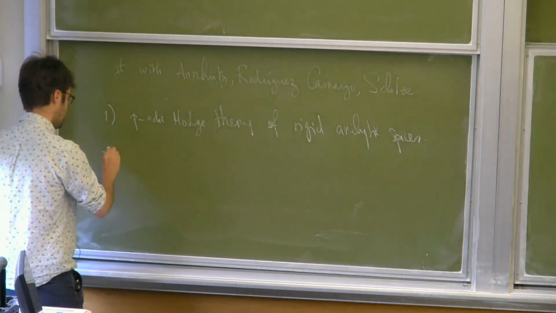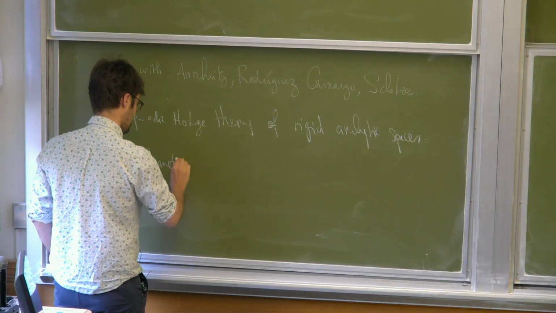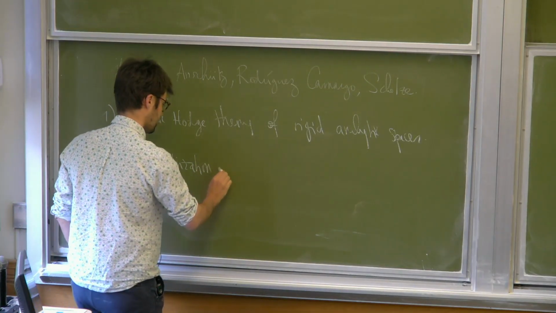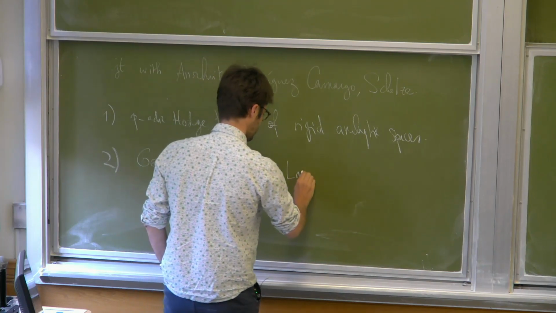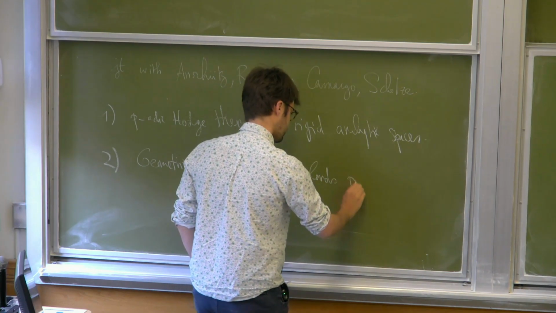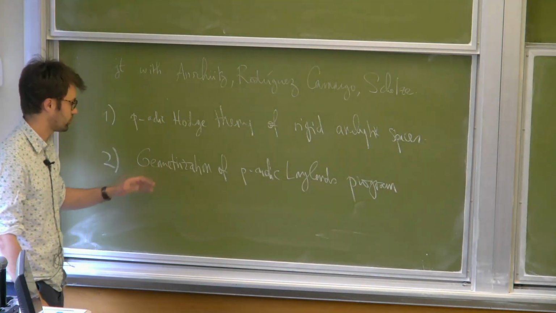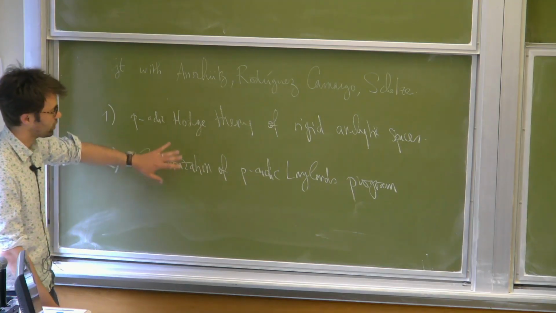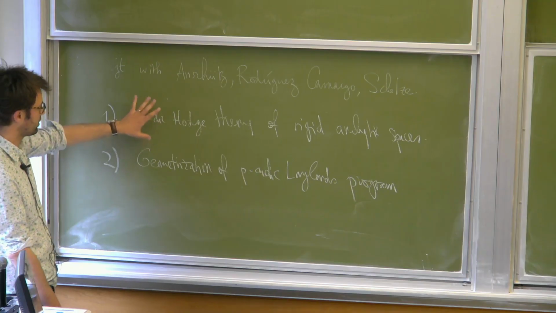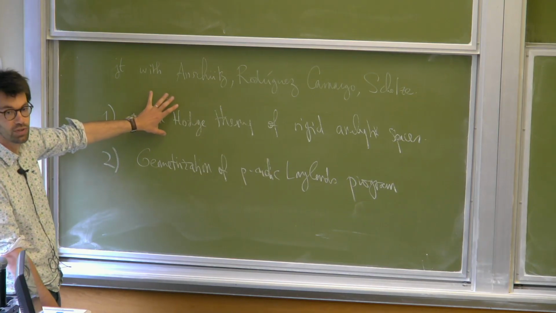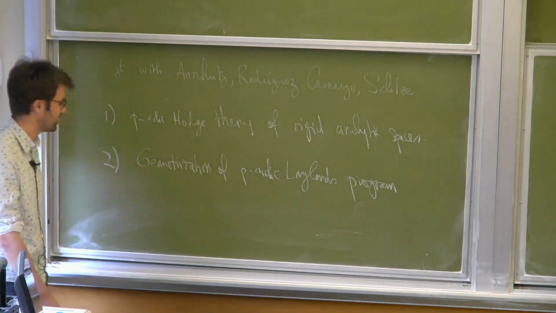And another important motivation for us was the geometrization of, or let's say the geometric aspects of, the p-adic Langlands program. Depending on the perspective that you adopt, you can motivate our constructions a bit differently. For time reasons, I decided to focus on this first motivation in this series of lectures, but I'm happy to discuss also the other one later.